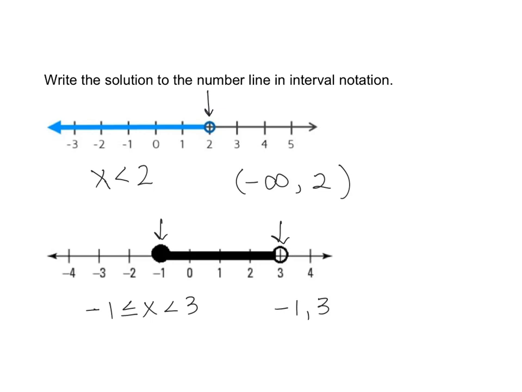Reading that left side, we had x greater than or equal to, so I'm going to have a bracket at -1. And because we had x less than 3, I'm going to have a parenthesis with 3. Again, you can use the number line and go straight to writing the interval if you're comfortable, or we can take that first step of writing the inequality.